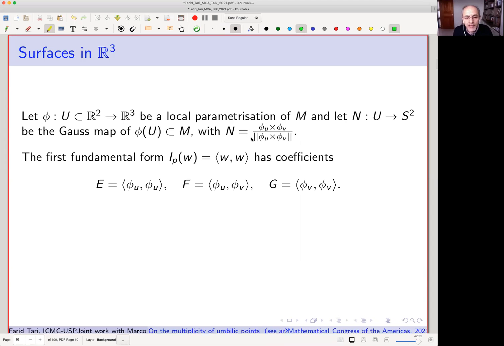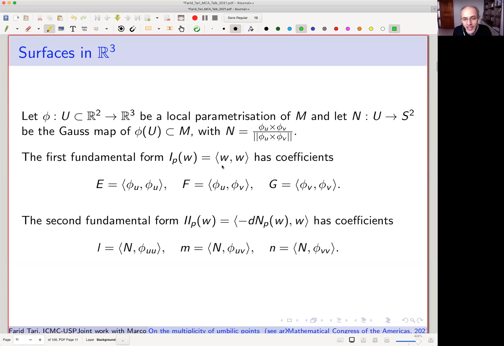Once we have the Gauss map, or before the Gauss map, we have the first fundamental form, which is the induced Riemannian metric on the surface induced by the Euclidean metric, and it has coefficients E, F, G. This is, as I said, just the elementary course on differential geometry. Then with the Gauss map, we have the Weingarten map, and it gives us the second fundamental form.